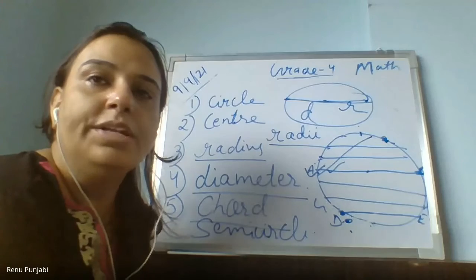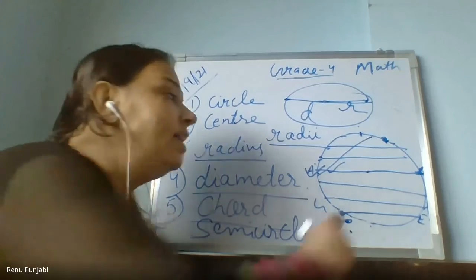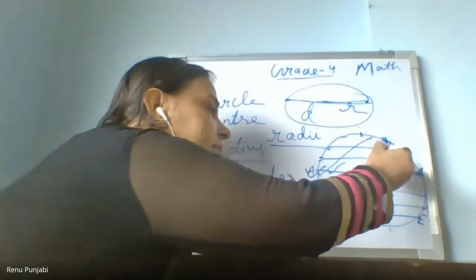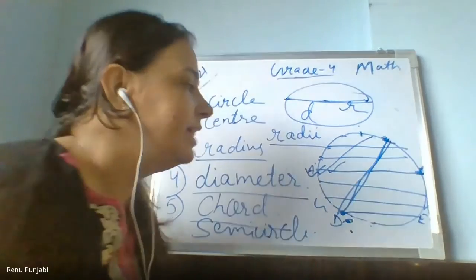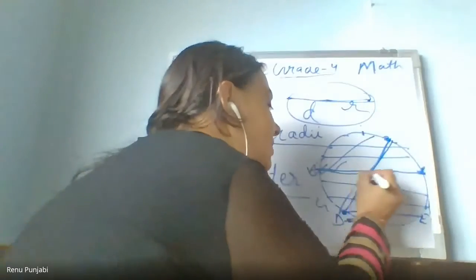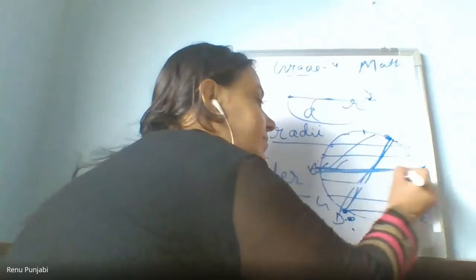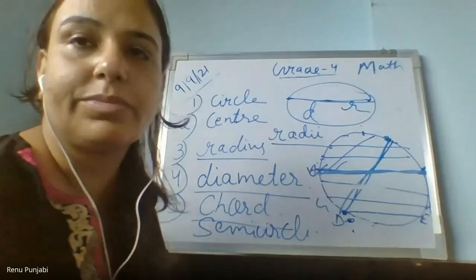No. Mr. Bajaj, please look here at the board. If I cut the circle along the diameter into two halves, then each half is a semicircle. Yes. Suppose from this diameter I divide the circle, then each half will be a semicircle? Yes, ma'am.